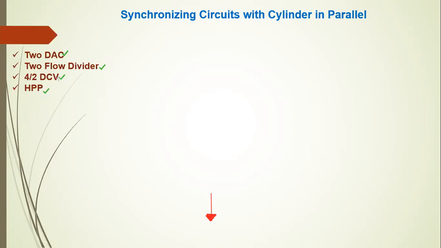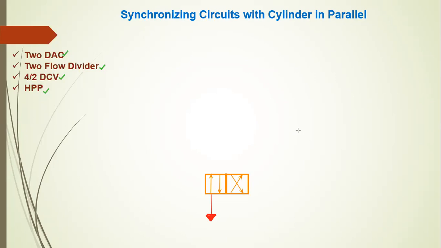Then we require a 4x2 direction control valve. Here I draw one 4x2 direction control valve. In the first position, the direction control valve gives parallel in and parallel out connection, and the other position gives cross in and cross out connection.